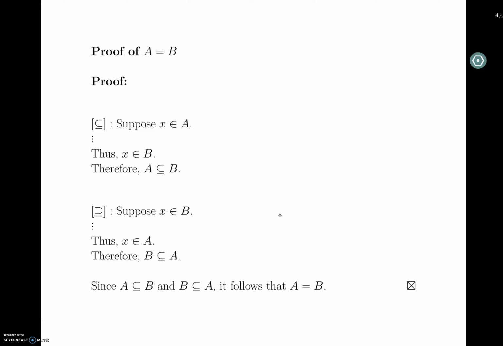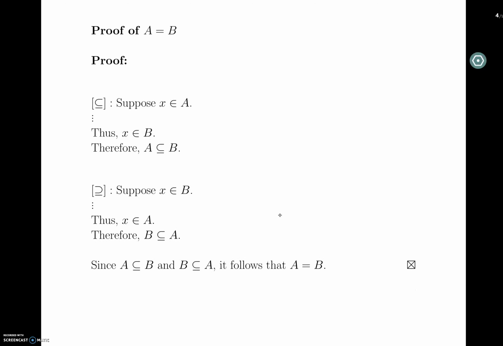Now sometimes we want to prove that two sets are equal. And doing this is like proving a biconditional.